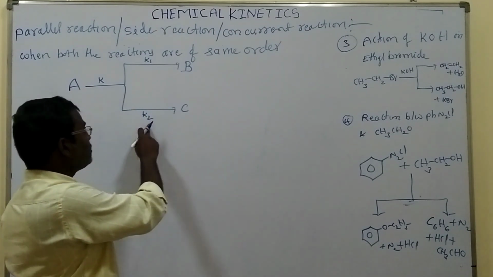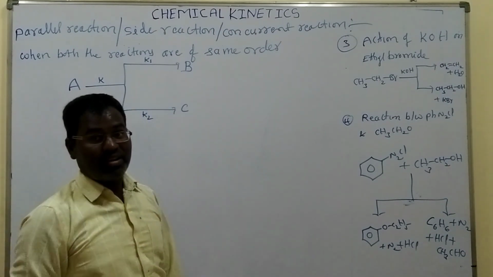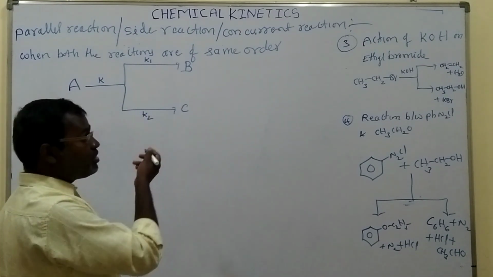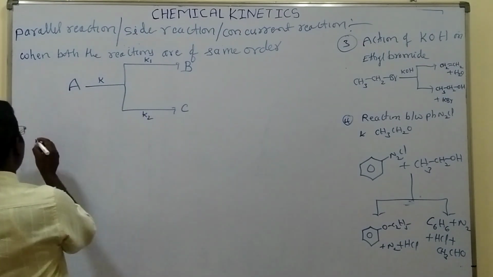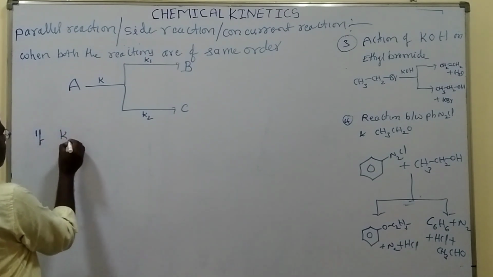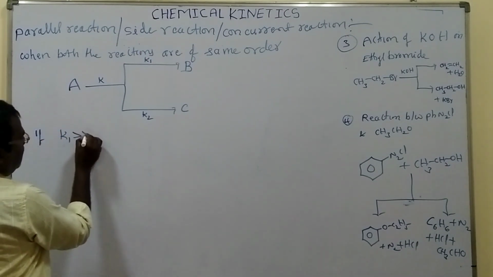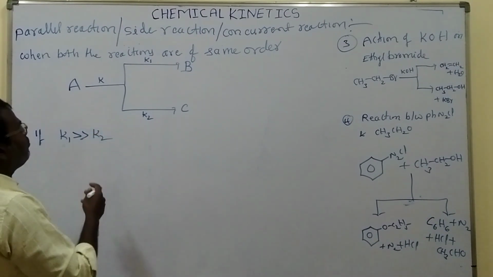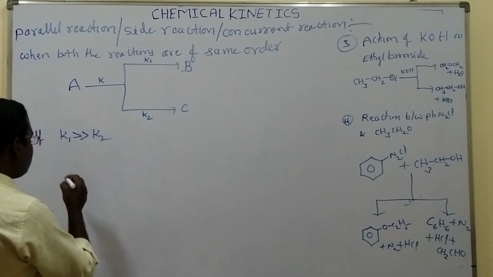K2 is also a first order rate constant of the side reaction. So when we have assumed a side reaction, if K1 is greater than K2, then what happens?